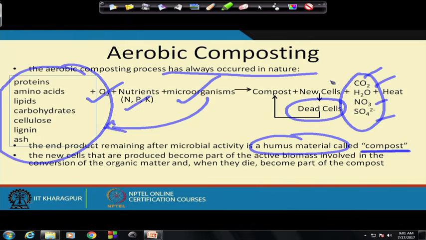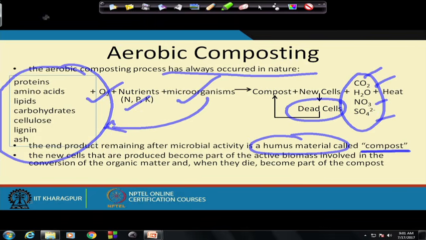When that methane gets to a very high temperature because of the exothermic reaction, and the temperature goes up into the flammability range of methane, you start seeing some fire coming out. That is how many times you see fire on top of the dumps or top of the compost pile. That is the reason why it happens.